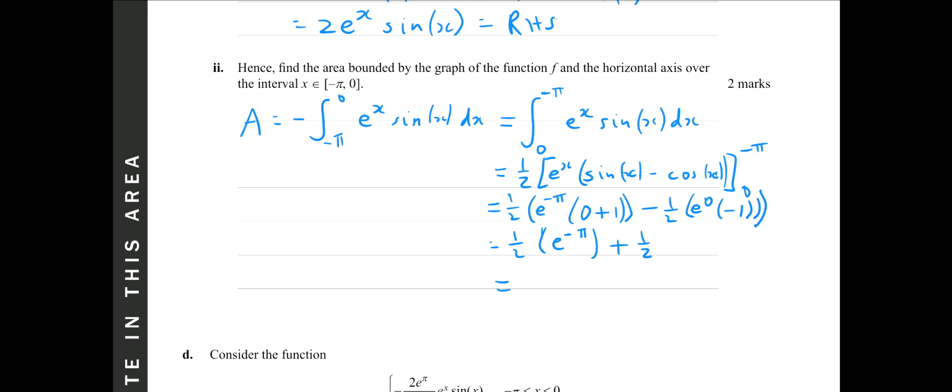So what we end up with here is half e to negative pi plus half. So that's just e to the negative pi plus 1 all over 2. And we're going to write units squared because it is an area. There we have it. So e to negative pi plus 1 all over 2.